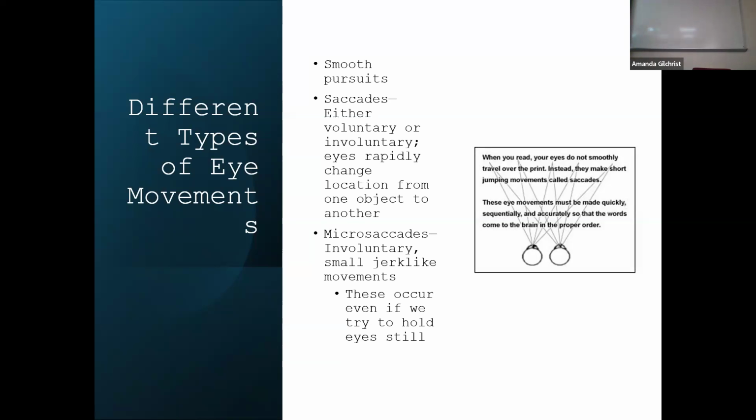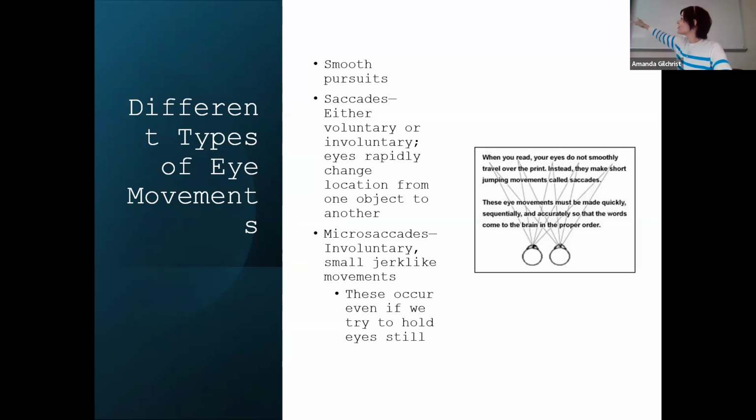Probably the biggest time that we're going to see saccades is when we are reading. You and I like to imagine that our eyes follow smoothly as we read from line to line in a text. They don't actually do that. Saccades are very jerky, ballistic movements, and we engage in saccades when we read.